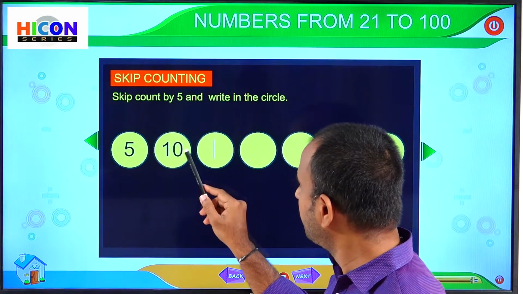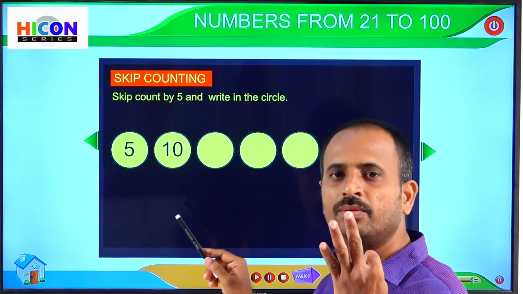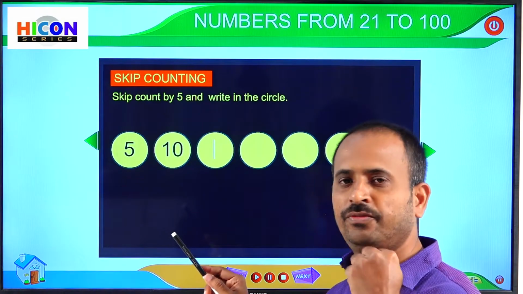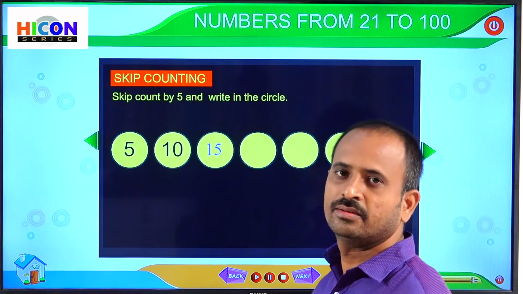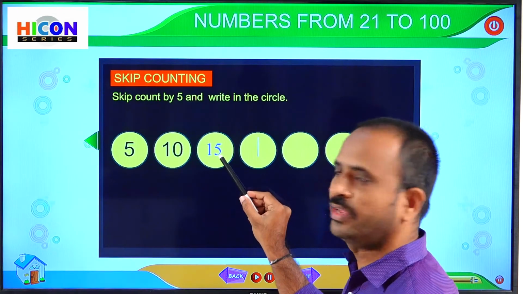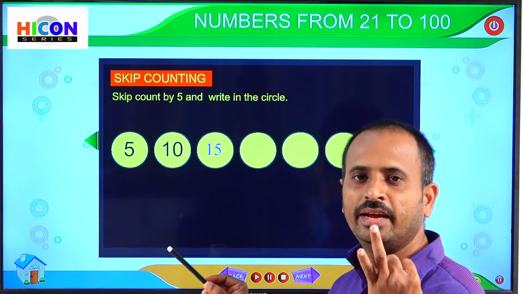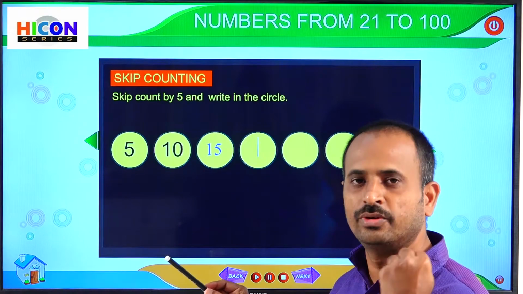Again add 5 to 10. After 10: 11, 12, 13, 14, 15. So you get 15. Again add 5 to 15. After 15: 16, 17, 18, 19, 20.